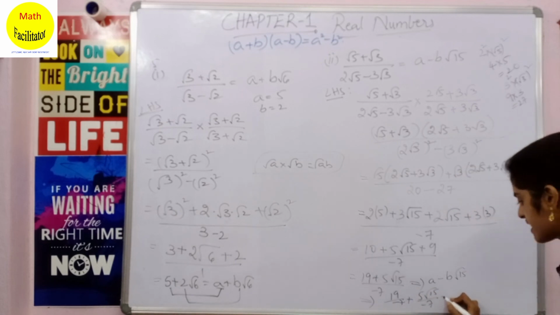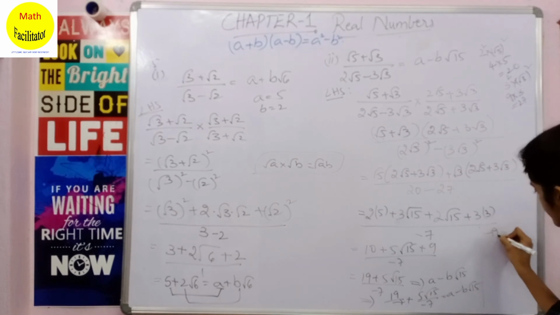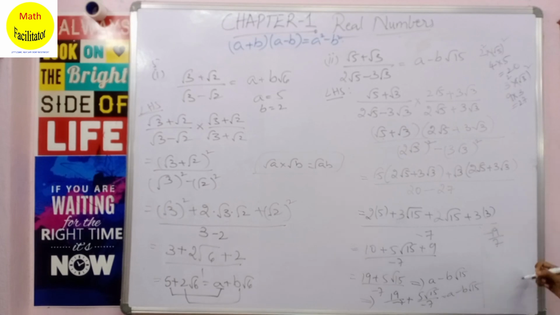So this is nothing but a minus b root 15. So this is minus 19 by 7 and you have minus 5 by 7 root 15. Minus 19 by 7 and here, plus into minus is minus, 5 by 7 root 15. So let us compare this with a minus b root 15.